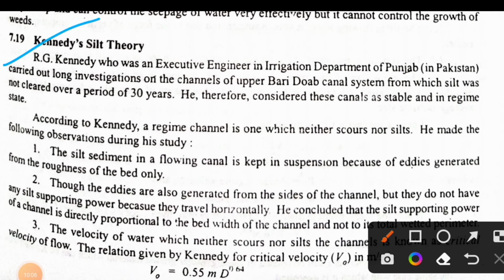R.G. Kennedy, who was an Executive Engineer in Irrigation Department of Punjab.